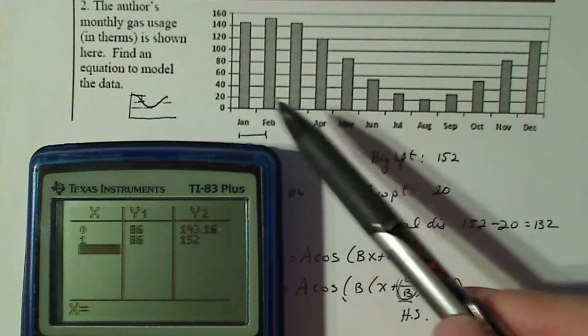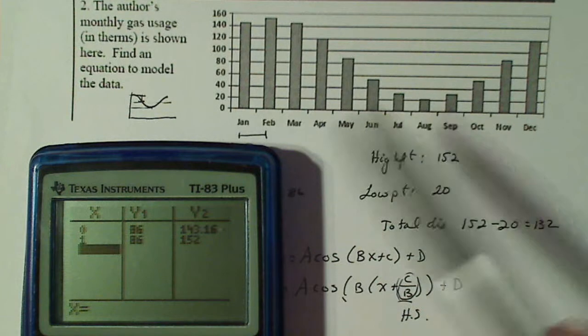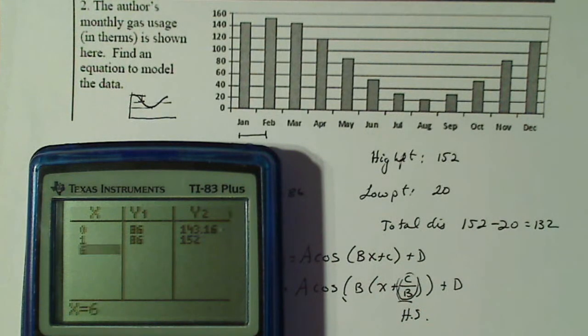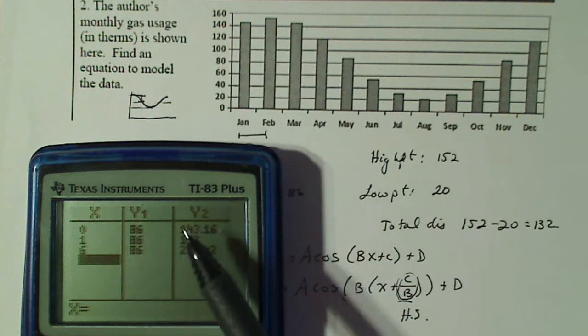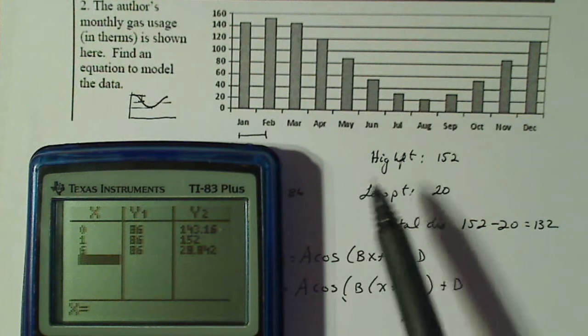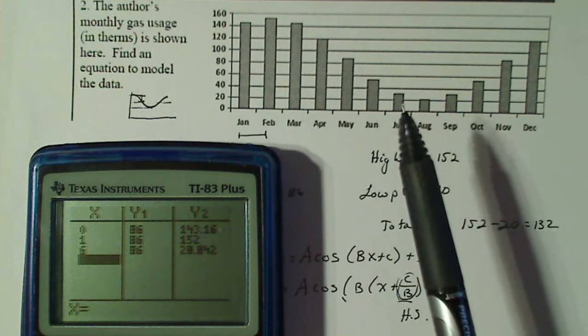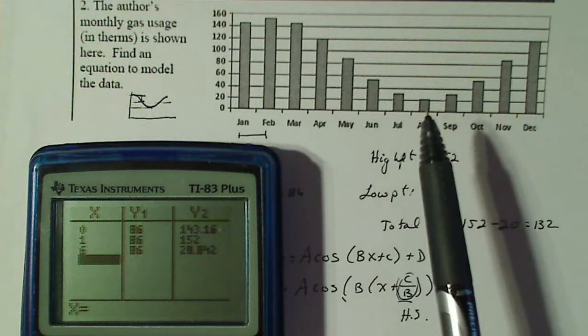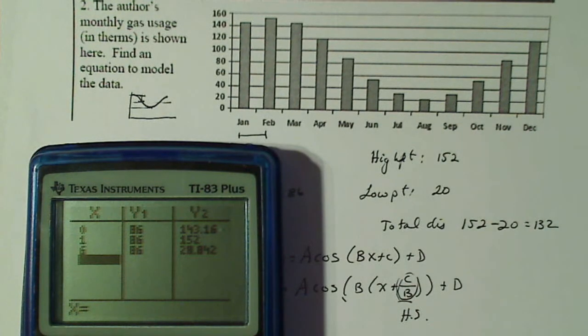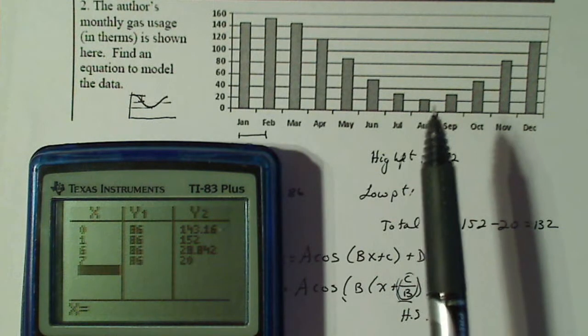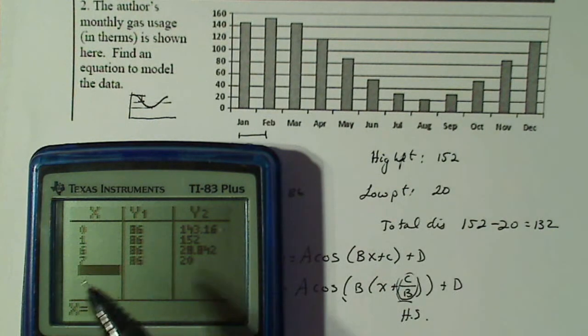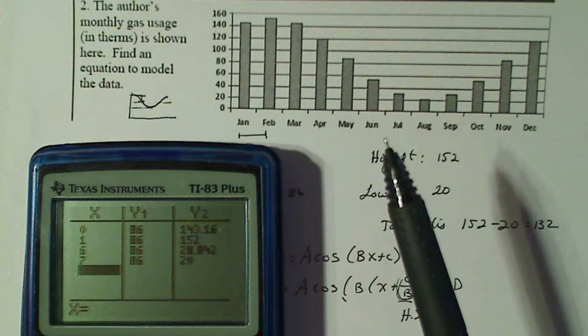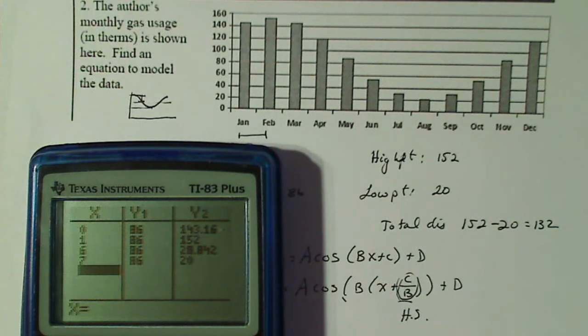And so see 0, 1, 2, 3, 4, 5, 6. So July is 6. And I'm at 28.82, which is just a little under 30, which is what this mark is. August is 7. So I'm at 20. So this doesn't seem like it's a bad fit with my data. So there you have the model that fits my data.